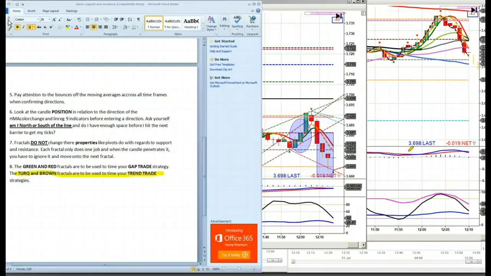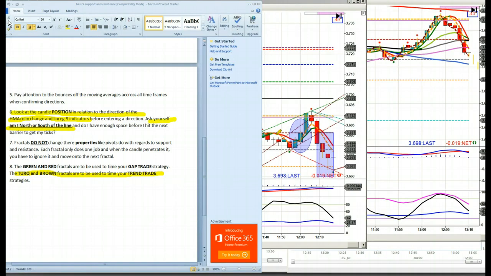But most importantly, I want you to look at this. There's one extra thing that I want you to look for, guys. If you notice, every time the HMA color changes, remember last week we talked about the HMA color change, look at the candle position in relation to the direction of the HMA and make sure the indicators agree before entering the direction. Ask yourself, am I north or south of the line?